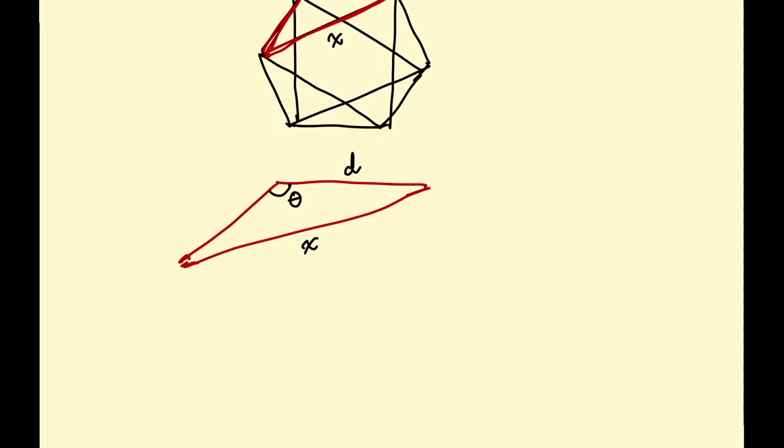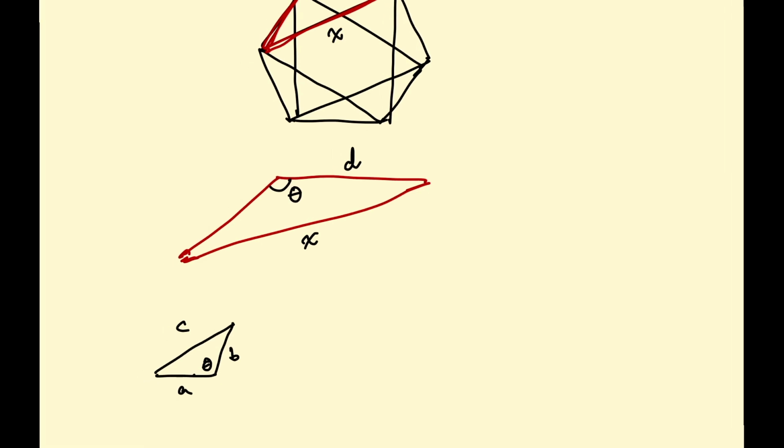Okay, let me draw another triangle just to remind you. If I have a triangle ABC, with included angle theta here, then what's the rule that I want here? Looking at you, physics major, you better just know this off the top of your head. It's trig, yes.